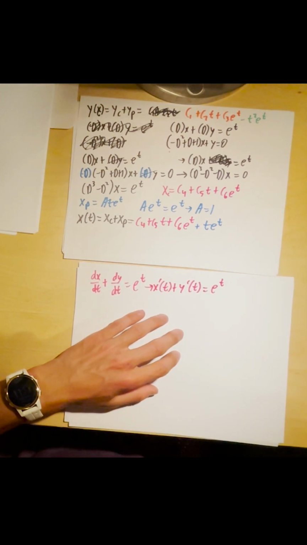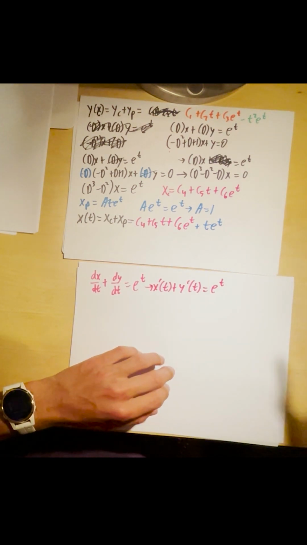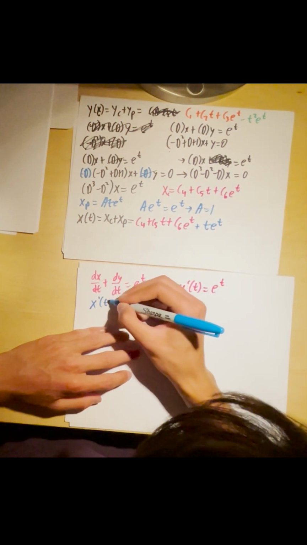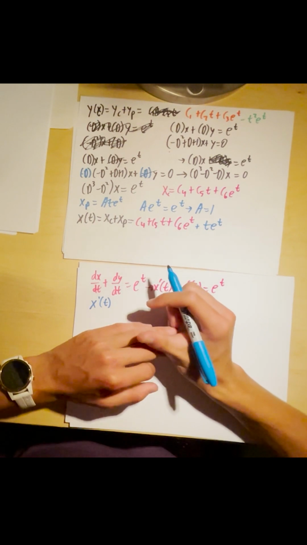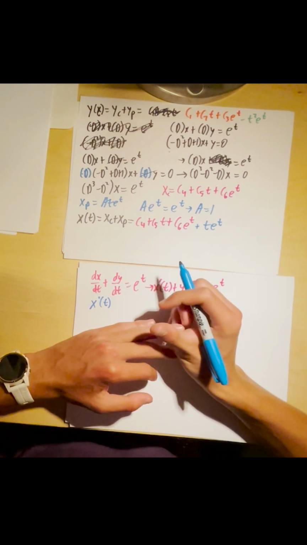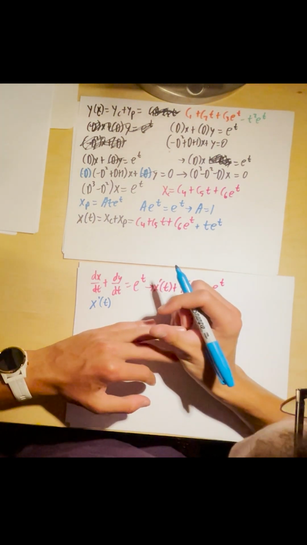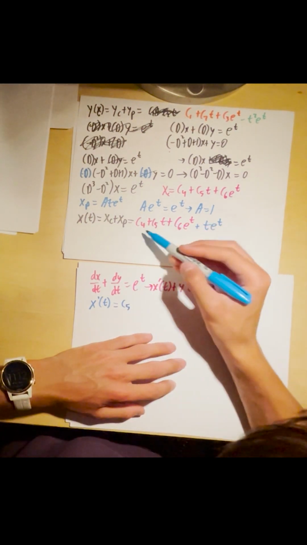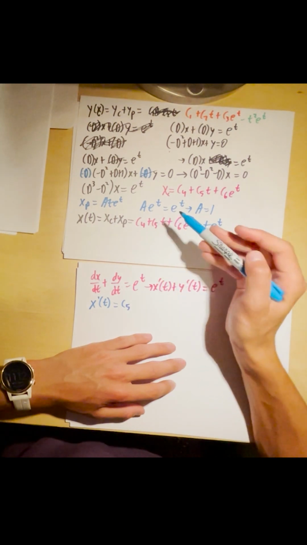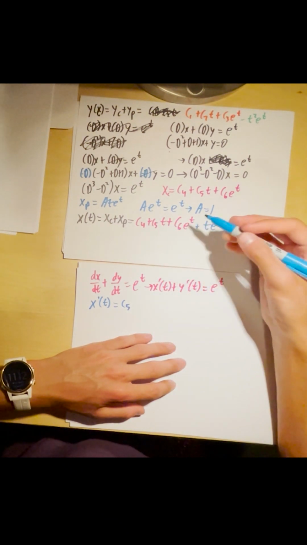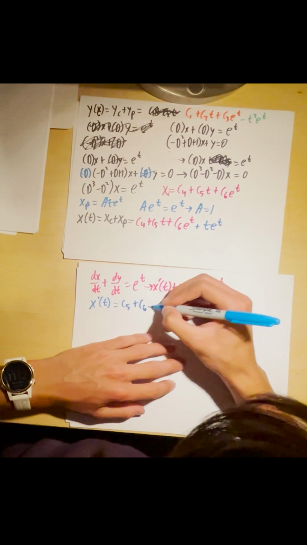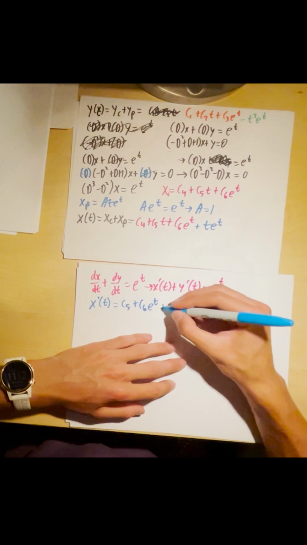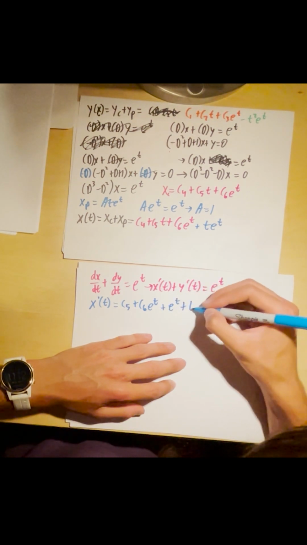And when we're solving for x, we have our x here, so this means x prime of t is going to equal c5, because when we differentiate c4, we get 0, differentiate c5 t, we get c5, differentiate c6 e to the t, we get c6 e to the t, and differentiate the last part, we'll get e to the t plus t e to the t.